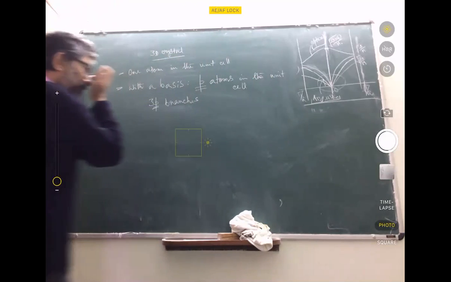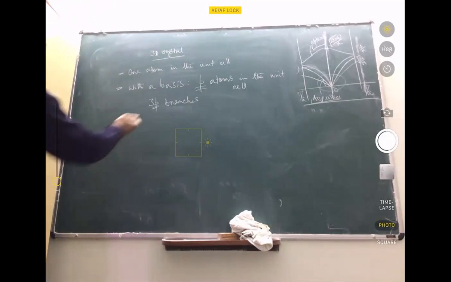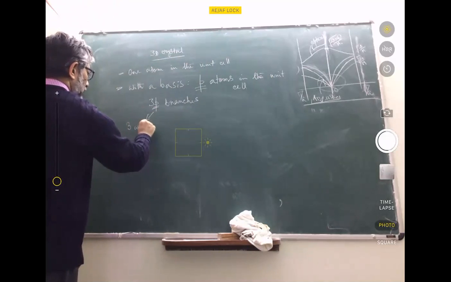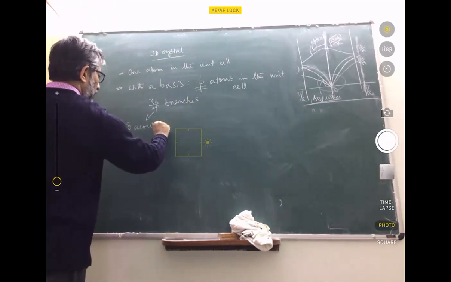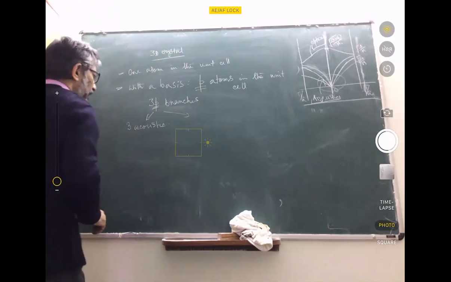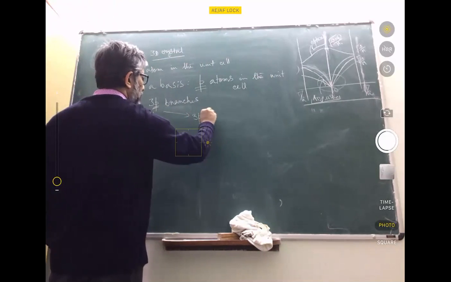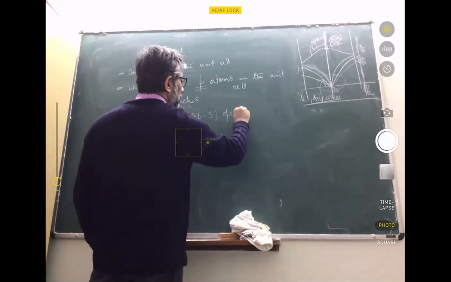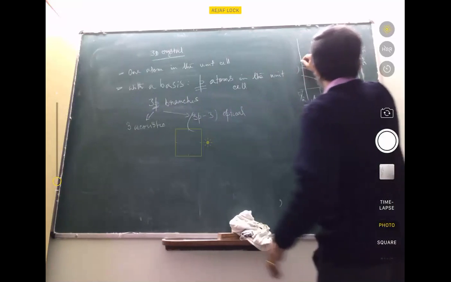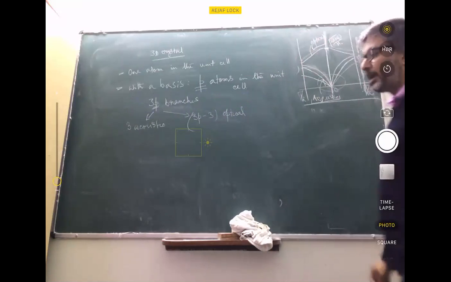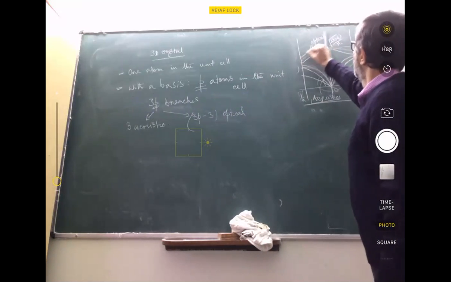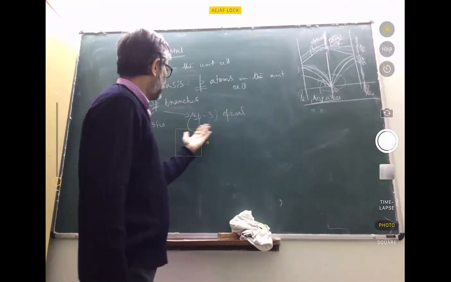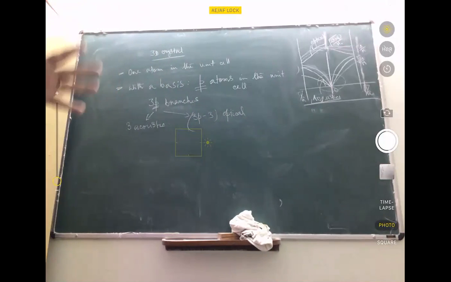So the point I was trying to make is that if there are p atoms in the unit cell, then there is a total of 3p branches, of which three will be acoustic branches, and the rest, that is 3p minus 3, will be optical branches. So that's what we learned last time.